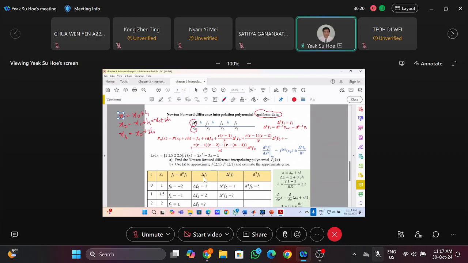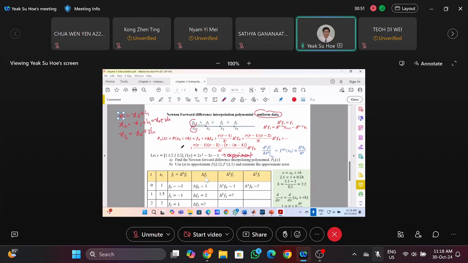In the exam, normally we will give you the polynomial, or sometimes we don't give you the polynomial. Then we assume that this is experiment data. So f0 is for x0, f1 is for x1, f2 is for x2, f3 is for x3. For this case, you see, our x is uniform: 1, 1.5, 2, 2.5.